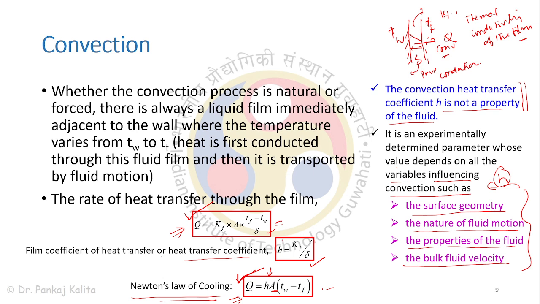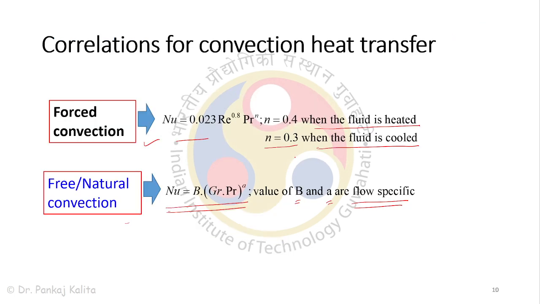Now note that this h is not a property of the material. It depends on several factors like the surface geometry, the nature of fluid in motion, the properties of that fluid, and the velocity of the fluid. Now these two are very important formulas given for Nusselt number.